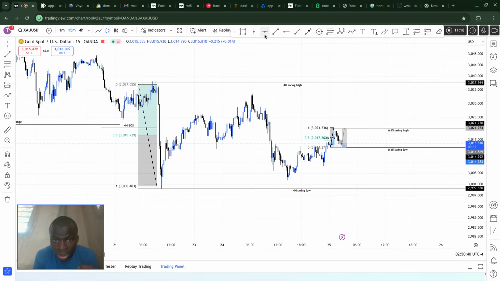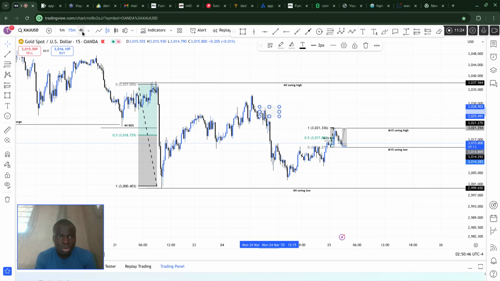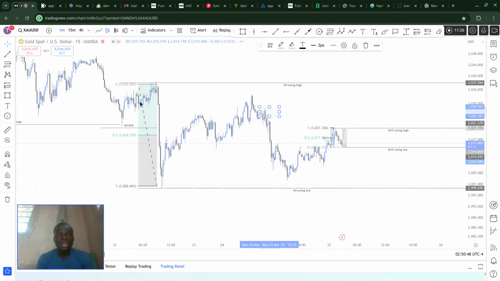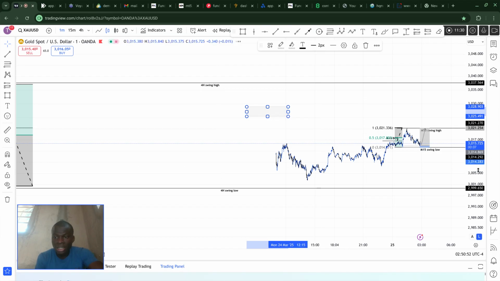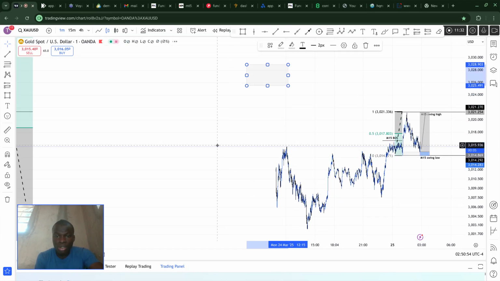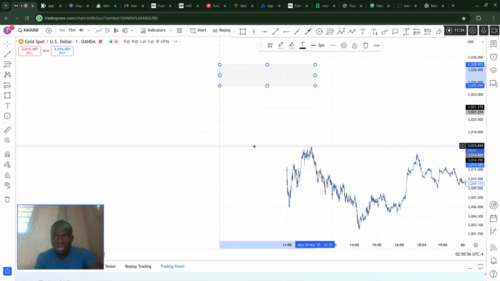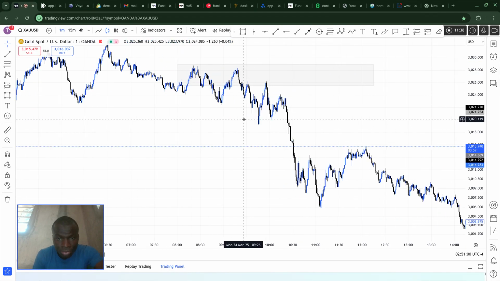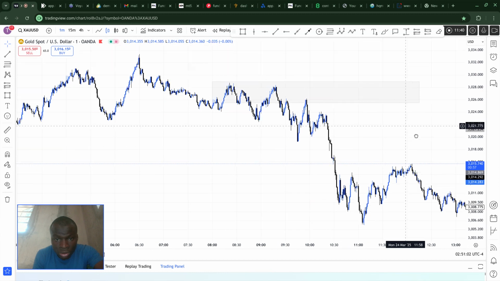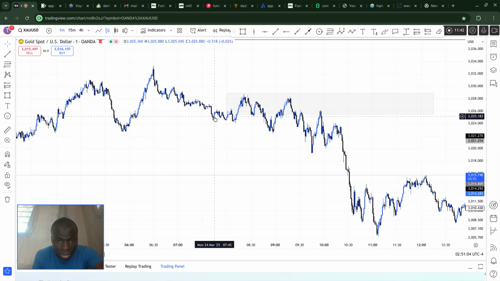You can just take an entry here to go out with the 15-minute time frame. But there's a high chance that the market may not pull back to that point until the trend reverses. So I think this is taking a lot of time. So now, we have this, we have this, we have this.